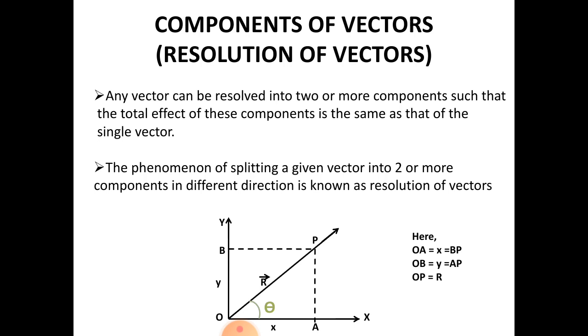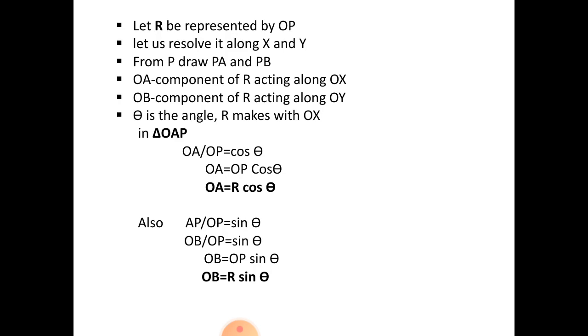See the figure. OA, its magnitude is x. OB, its magnitude is y. Here OP is given as r. Then you draw PA and PB from P. Let R be represented by OP.